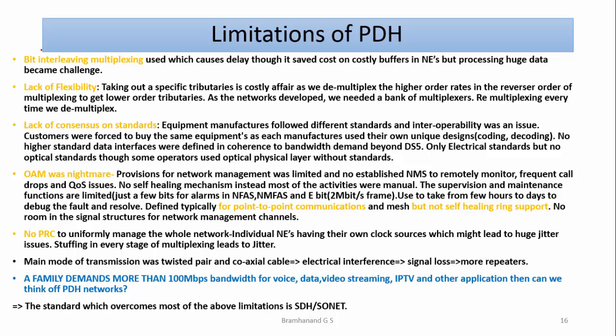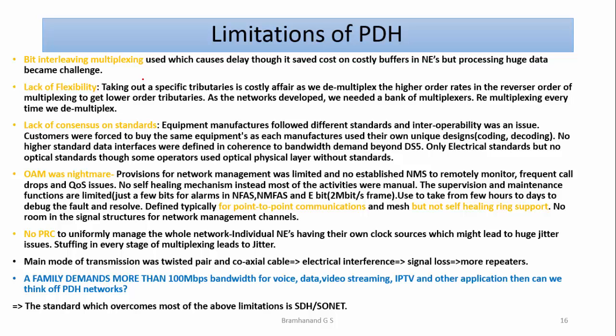We just discussed in one of the slides that in order to demultiplex and get 2 Mbps out of 140 Mbps, we used a bank of multiplexers to get the 2 Mbps.